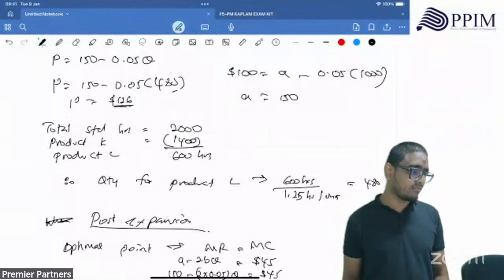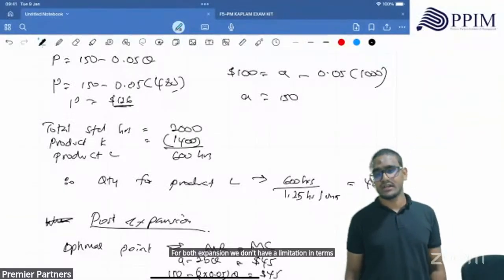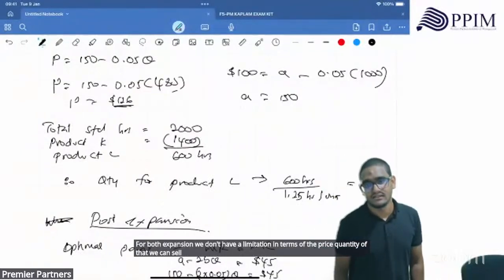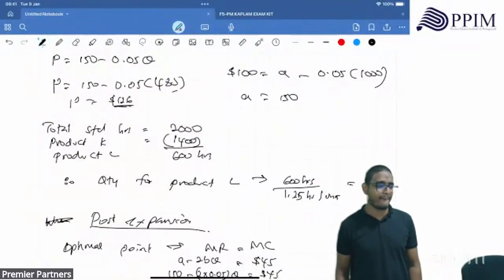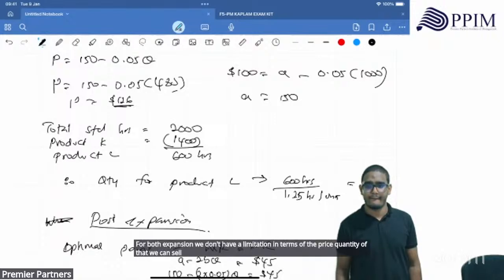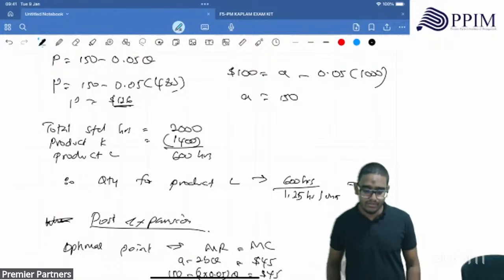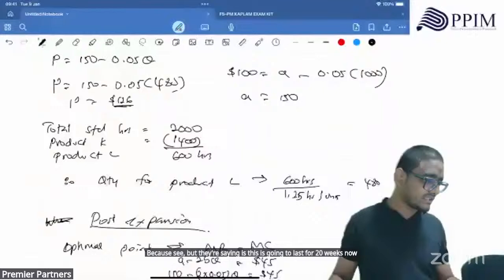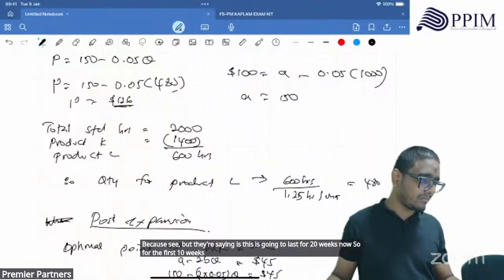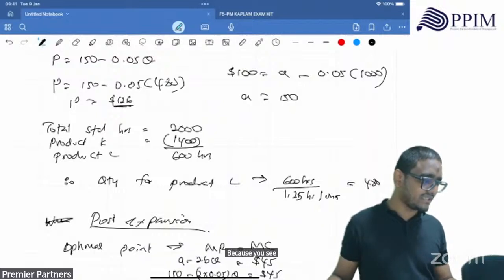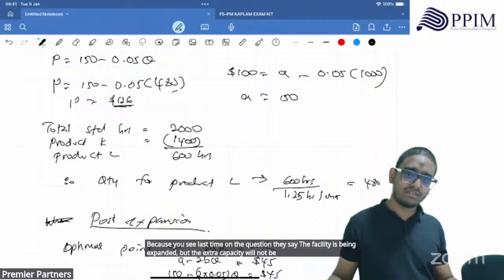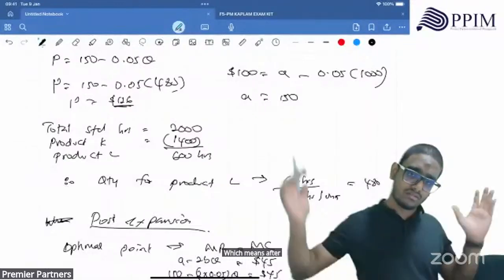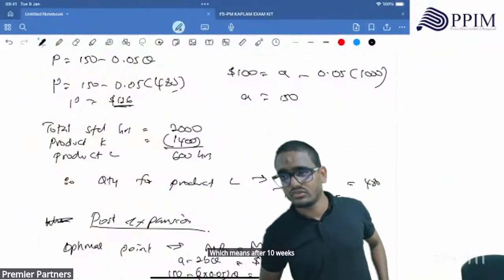So post expansion, we don't have a limitation in terms of the quantity that we can sell. This is going to last for 20 weeks now, the growth stage. So for the first 10 weeks only, we have a problem with capacity. Because in the question, they say the facility is being expanded, but the extra capacity will not be available for 10 weeks, which means after 10 weeks, we have enough to produce.